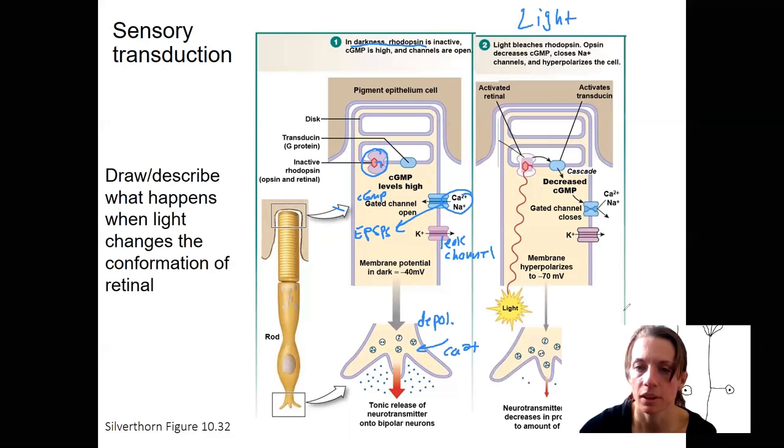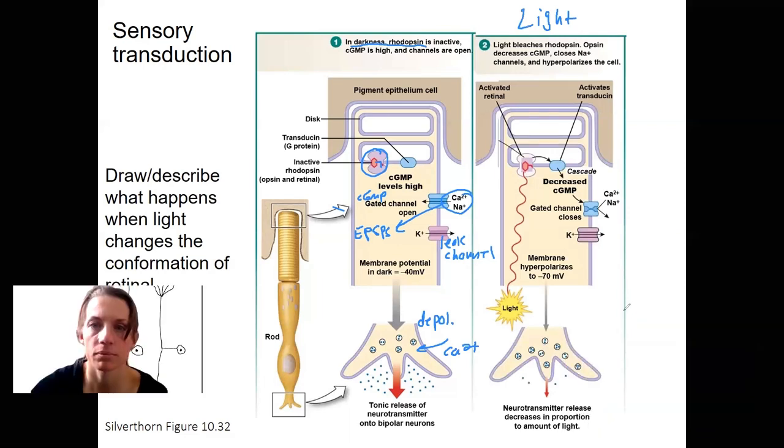Okay, here's what it looks like. Light is called bleaching, changing the conformation of retinol. This is going to cause cGMP to be converted to GMP, thus decreasing cGMP, closing this gate. So we no longer can have these enter.